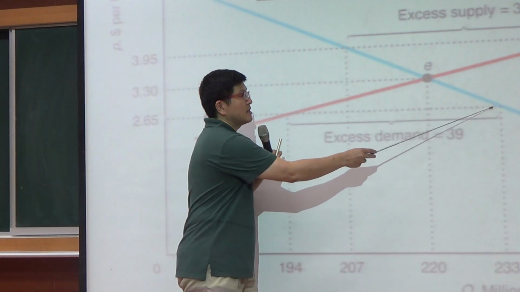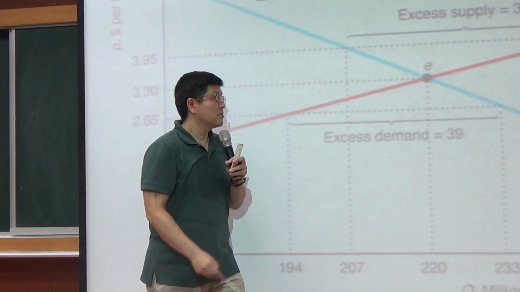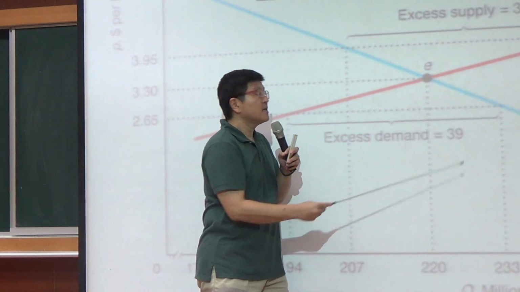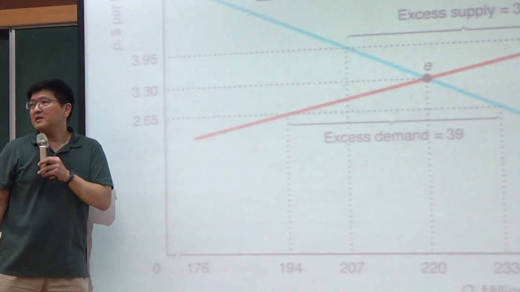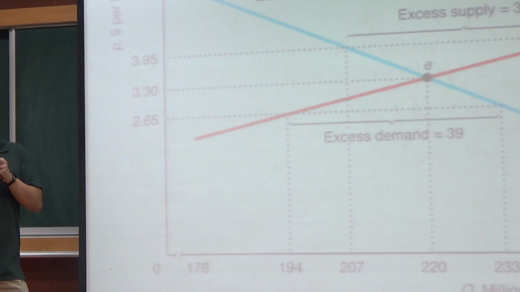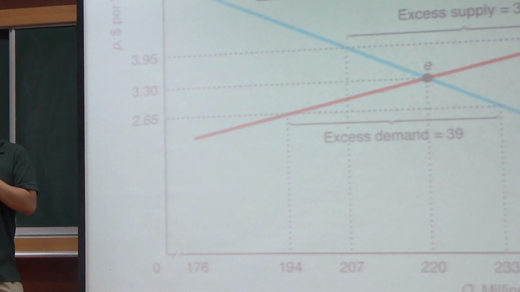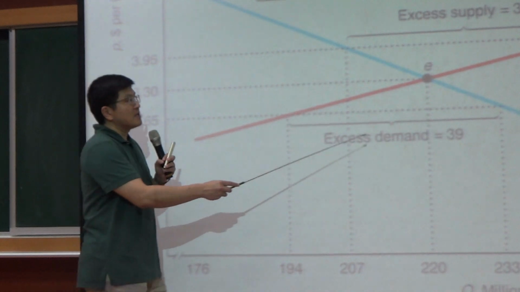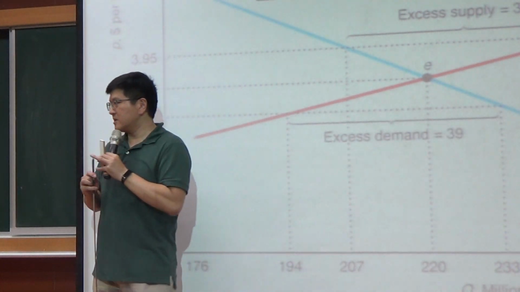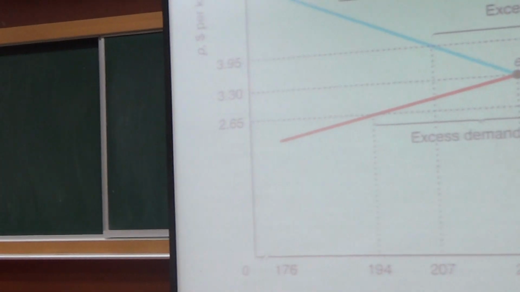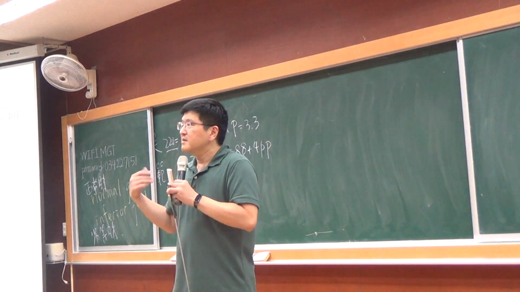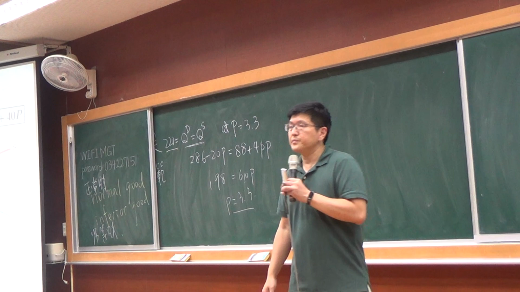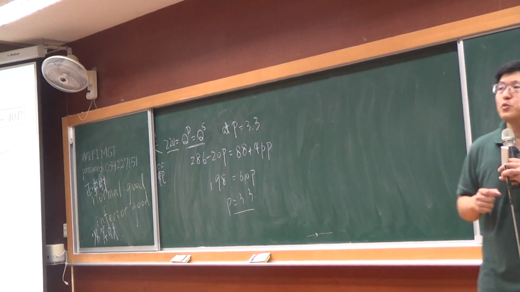Because with more demand, more buyers want the good, and fewer sellers are willing to sell. So the buyers compete with each other, saying, I'll give you a higher price, so sell it to me. Okay? They try to compete with others.